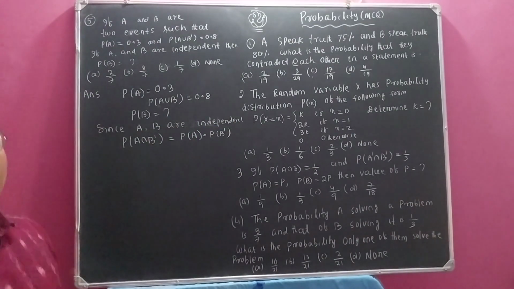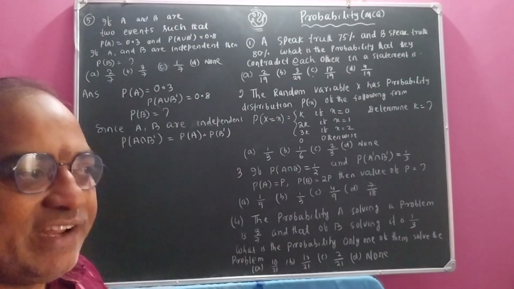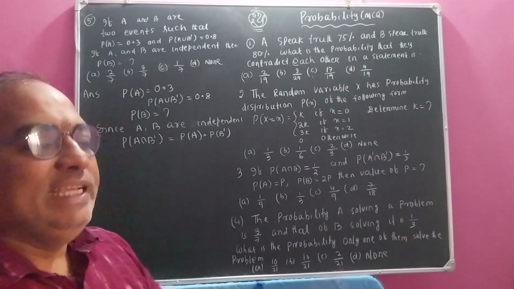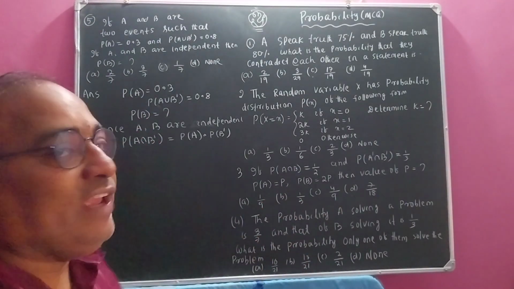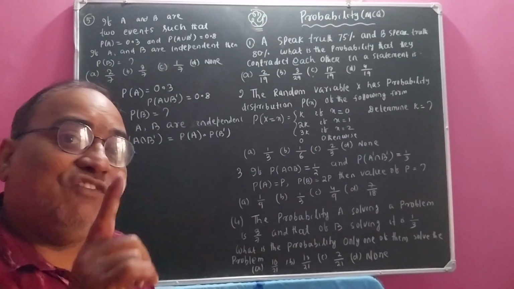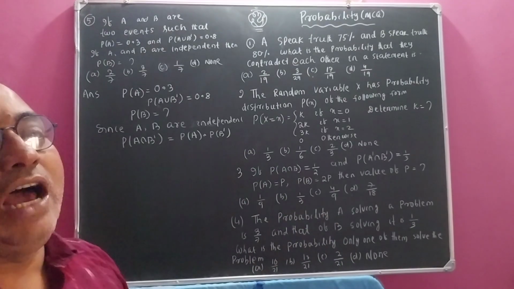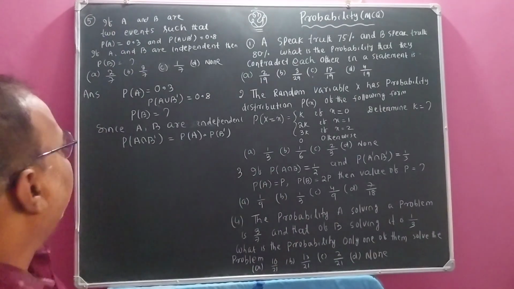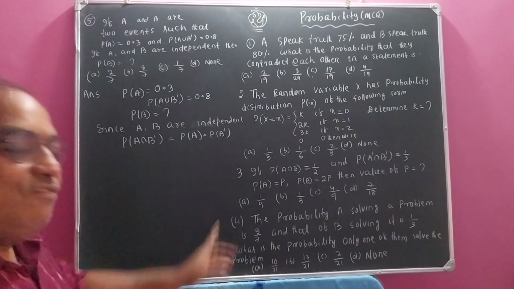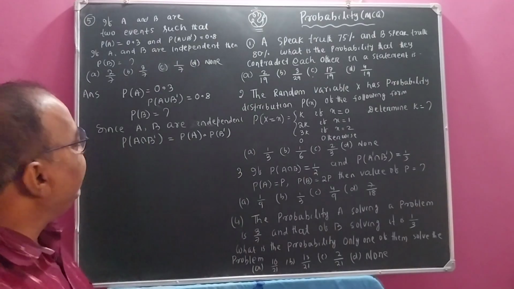We know two events A and B are said to be independent if probability of A intersection B is equal to probability of A into probability of B. If A and B are independent, then A and B dash are also independent. Okay? So, probability of A intersection B dash must be equal to probability of A into probability of B dash.